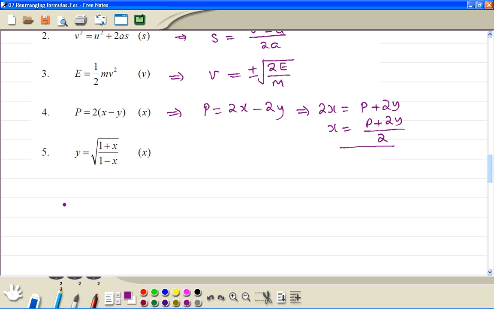So number 5, first we square both sides. Now we multiply both sides by 1 minus x.